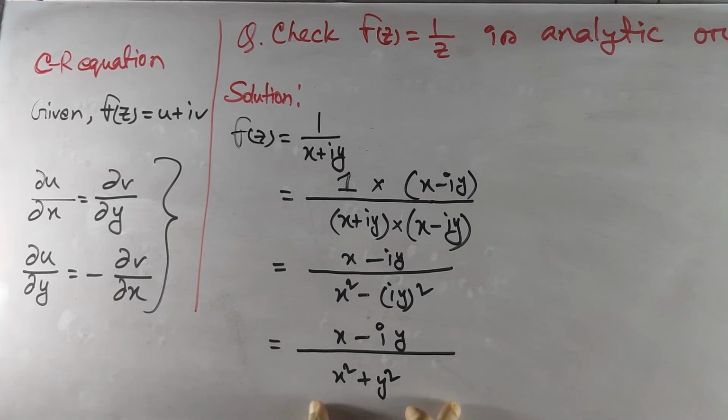If we divide this into two parts, it will be x by x square plus y square minus i into y by x square plus y square.